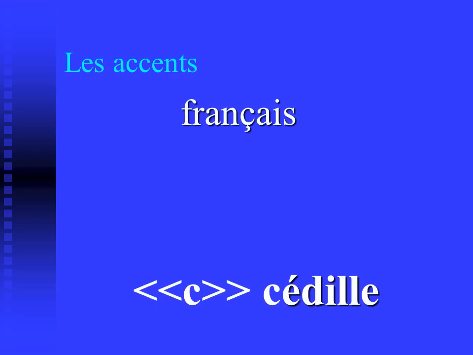So let's go back to français and ça. Since they're both followed by the hard vowel A, we want to soften the C, we add the cédille. So instead of franquais, we have français. And instead of ca va, which doesn't really sound very good, we have ça va.